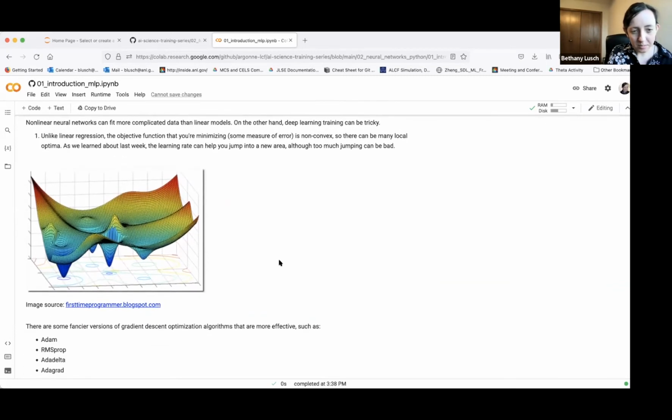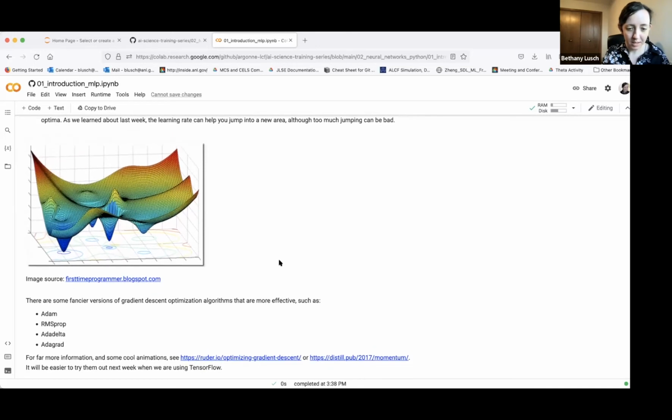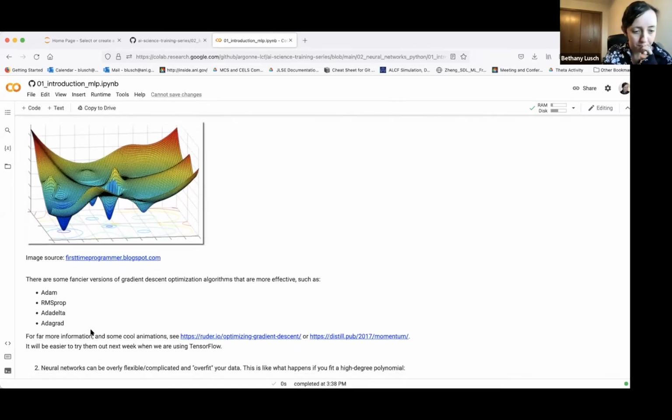And there are some variants of stochastic gradient descent that are more effective, like Adam, RMSprop, and so forth. But we're not going to get into that today. They're easier to use in TensorFlow, so you can try them next week. In the meantime, if you're curious, there's some cool animations of how these optimizers do better than gradient descent.